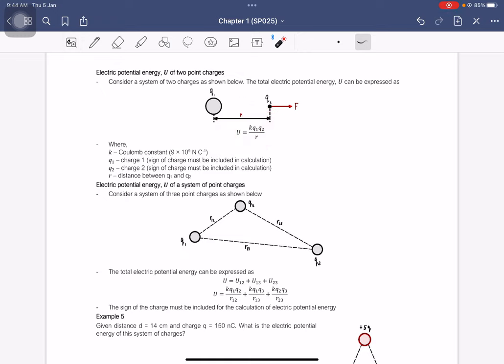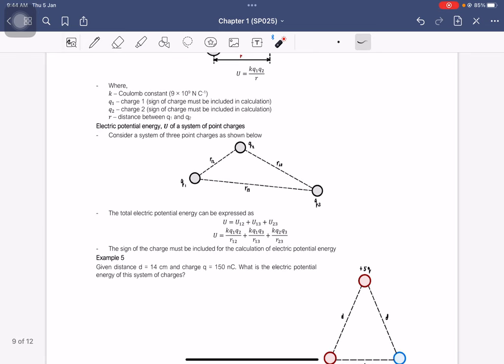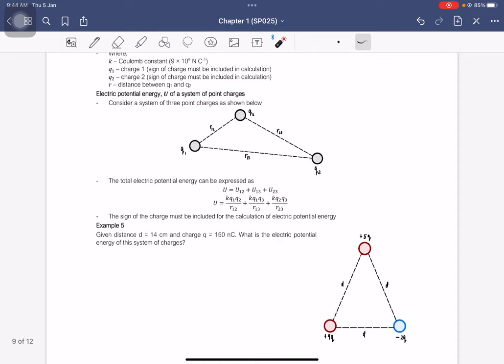So this is the meaning of each. For the charge Q, you have to include its sign too for the electric potential energy. For a system of point charges, if we have 3-point charges as shown here, the total electric potential energy can be expressed as the one shown here.